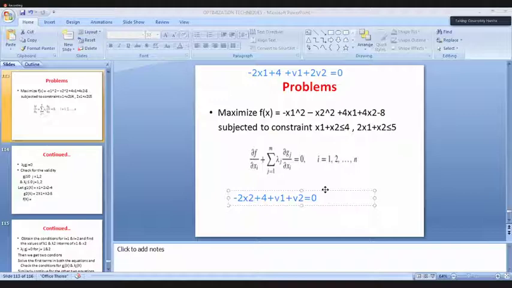Can anyone solve it and tell me so that we can stop for today's class? Please post your attendance in the chat box now.